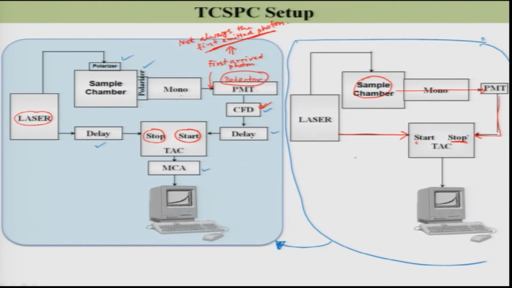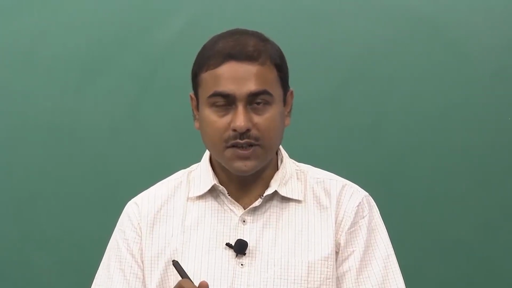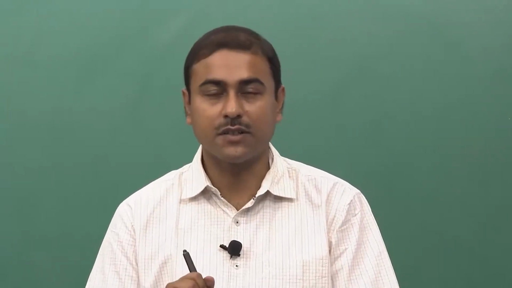Let me explain it. The reset time of this TAC is about a millisecond, and I said that the detection rate is very small, because I have to ensure that the first arrived photon is not always the first emitted photon from the sample. This is important. To ensure that, I reduce the detection rate to 2% or less.